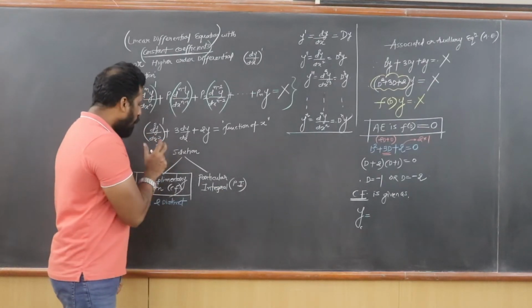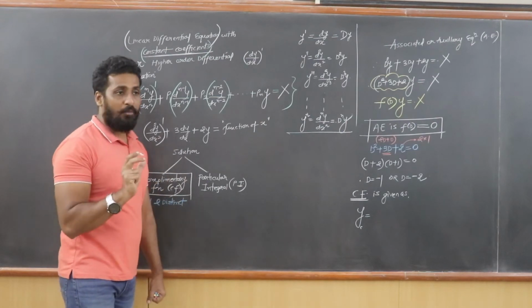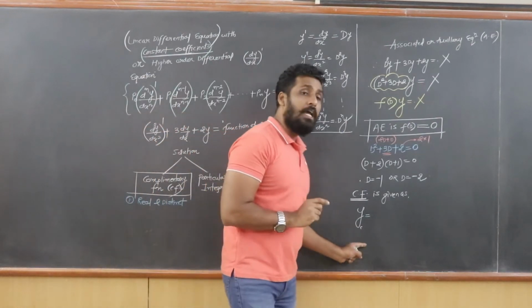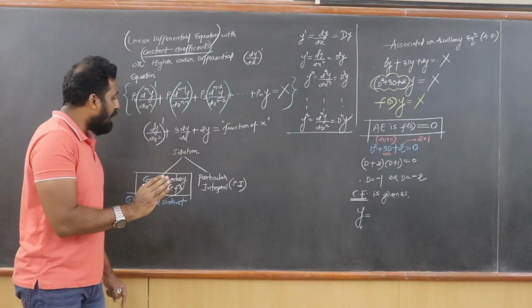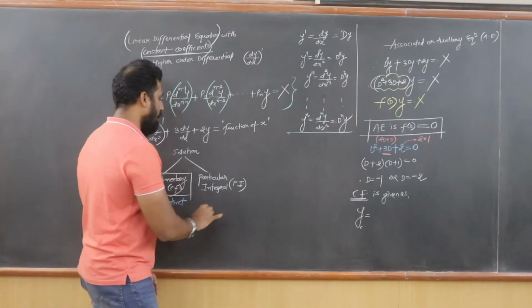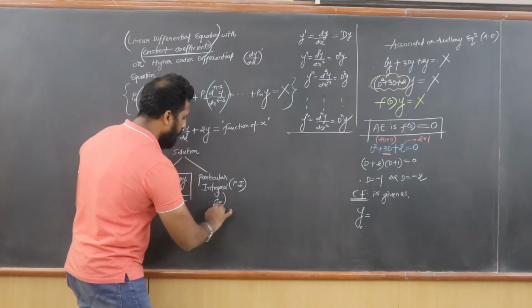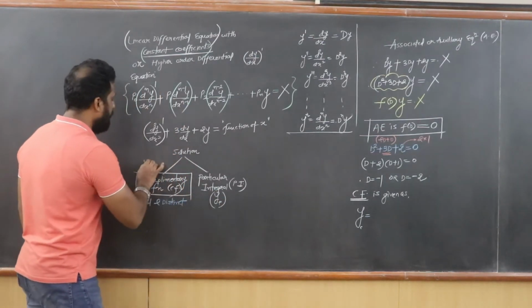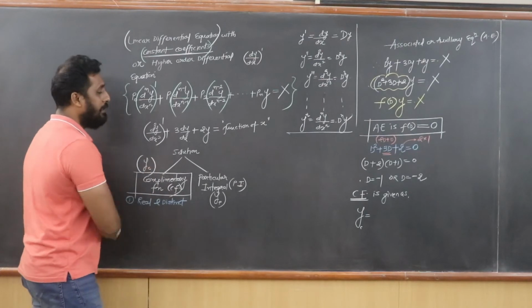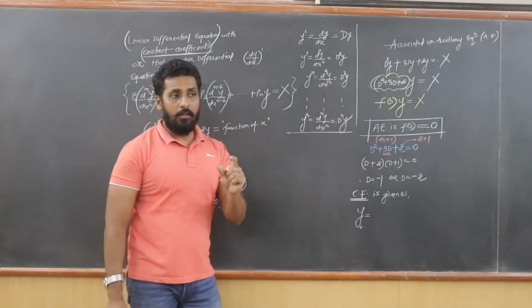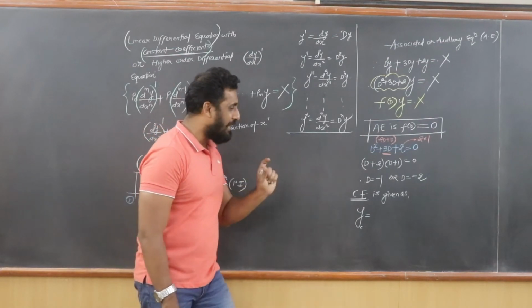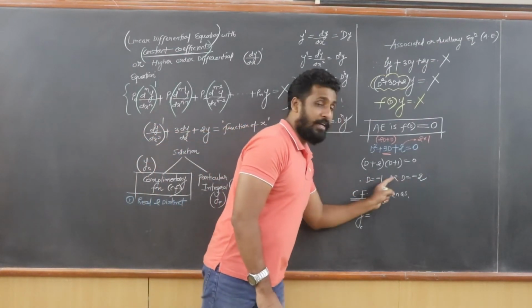From the complementary function, whatever part of the solution I get, I denote it by yc, and from the particular integral, whatever part of the solution I get, I denote it by yp. So yc is equal to... Now observe carefully, this is what you want to learn. When the roots are real and distinct, I have two roots, minus 1 and minus 2.